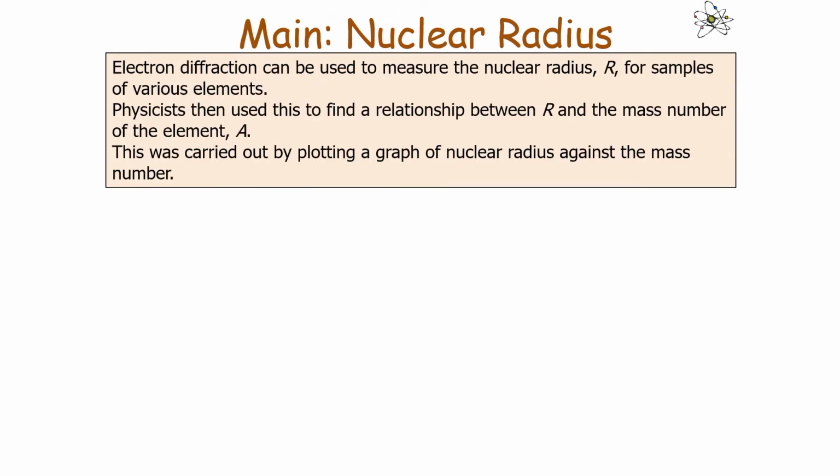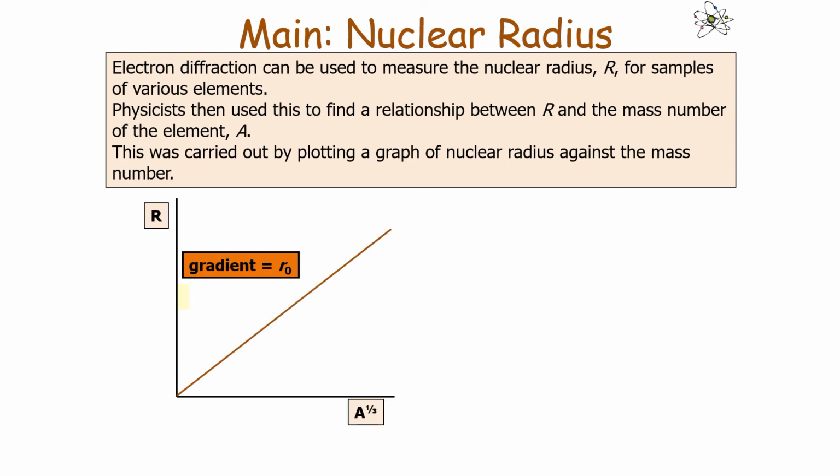Electron diffraction can be used to measure the nuclear radius r for samples of various elements. Physicists then use this to find a relationship between r and the mass number of the element A, and this was carried out by plotting a graph of the nuclear radius r against the mass number A.